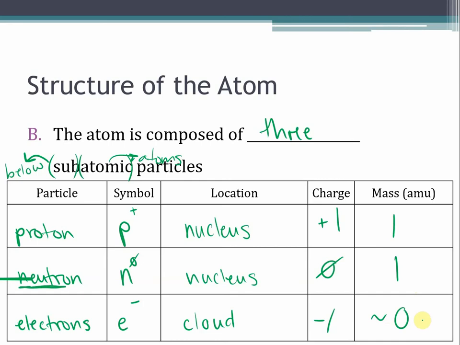They're not completely 0 because they are matter. They do have mass, but that mass compared to protons and neutrons is something very teeny tiny. If you were going to round that to the nearest anything, you would just round it to 0. So we say that protons and neutrons both have a mass of 1, and electrons essentially have a mass of 0.